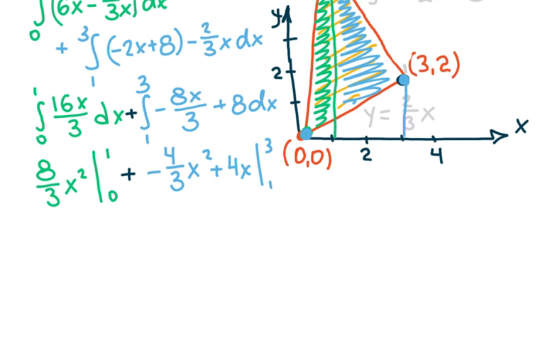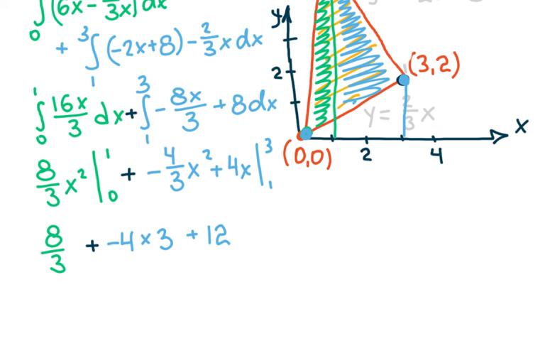If I plug in 1 for the green part of my expression, I will have 8 over 3, and if I plug in 0, I will have 0. And then if I plug in 3 instead of x for the blue part, I will have negative 4 times 3 plus 4 times 3, which is 12.